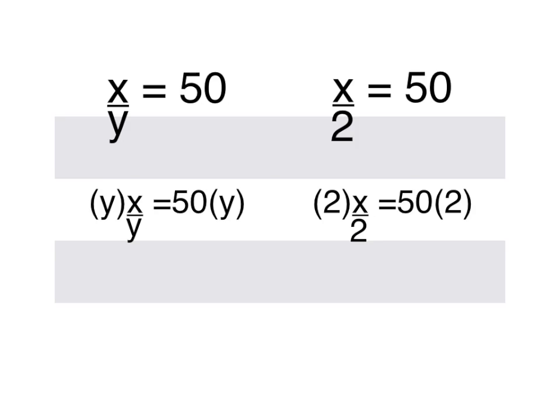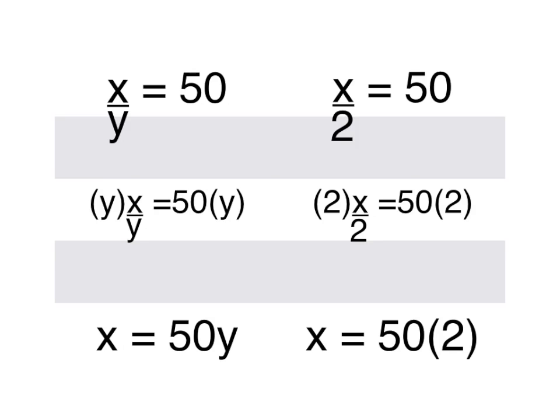And that gets rid of the dividing by y. What do we end up with? X is 50y. Just like we got x is 50 times 2. 50 times y, 50 times 2. We're just putting a y in place of the 2. So this could be for any number. X is 50 times any number.